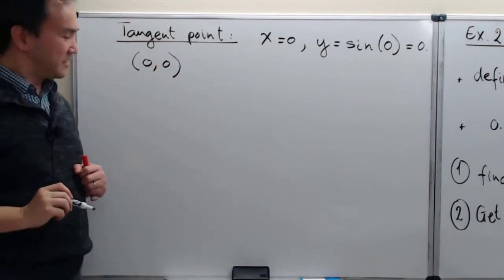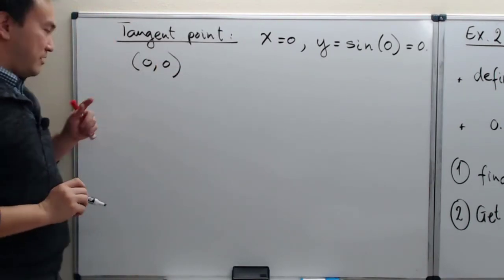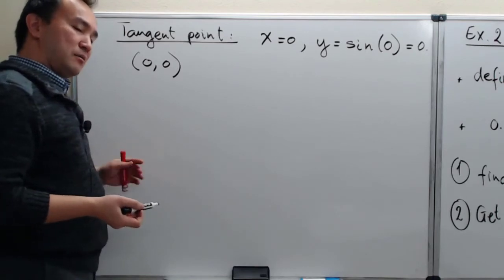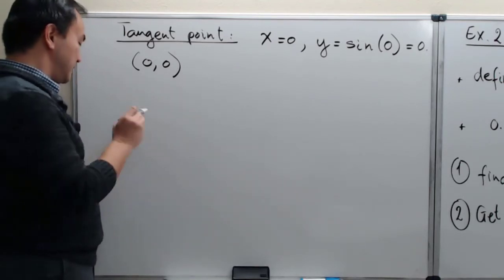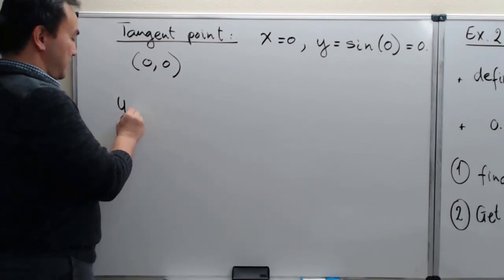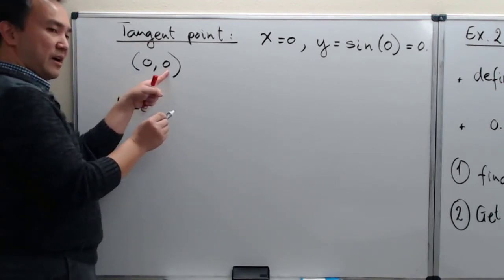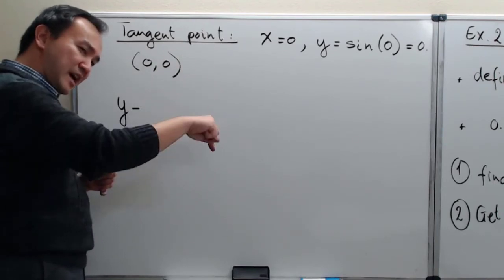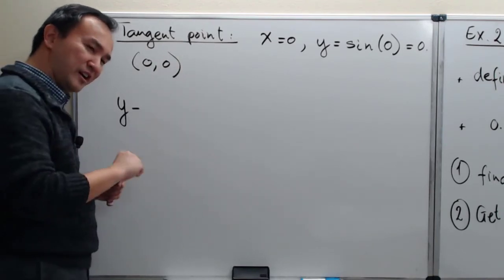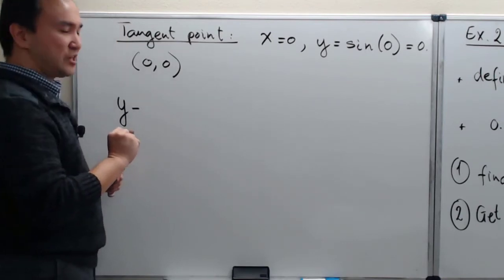That's our tangent point. Okay, and so now I am ready for my complete equation of the tangent line. I'm using the point-slope equation again in this case. y minus the y value of the tangent point, because I need to remind anyone, the tangent point stays on the tangent line, and stays on the graph of the actual function.